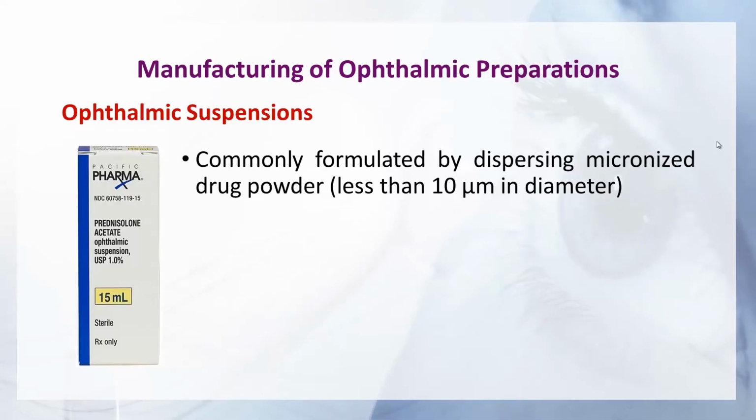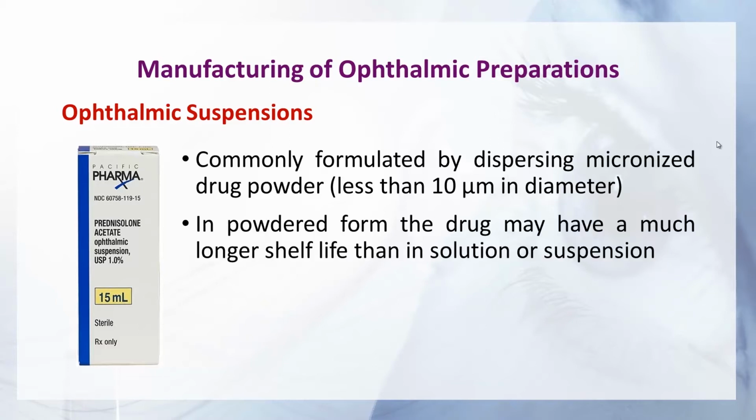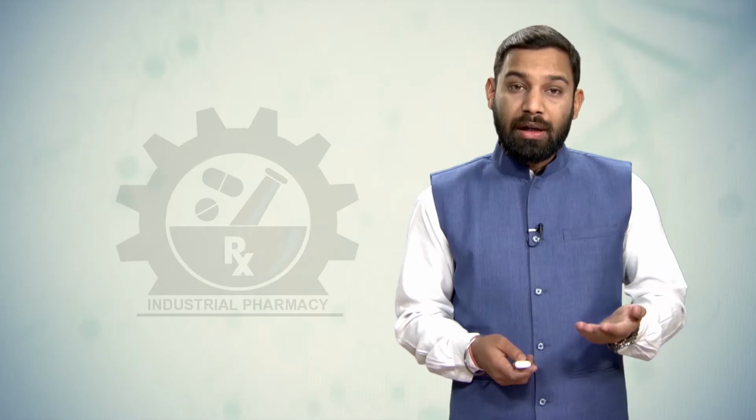Ophthalmic suspensions are commonly formulated by dispersing a micronized drug powder. The size of that micronized drug powder should be less than 10 micrometers in diameter. In powdered form, the drug may have a much longer shelf life than the solution or suspension. So, what can we do?